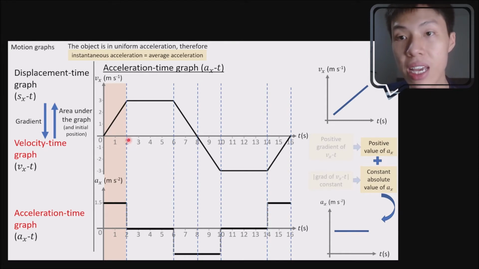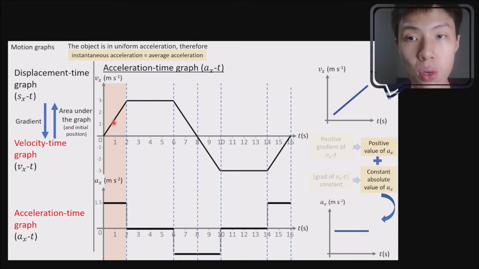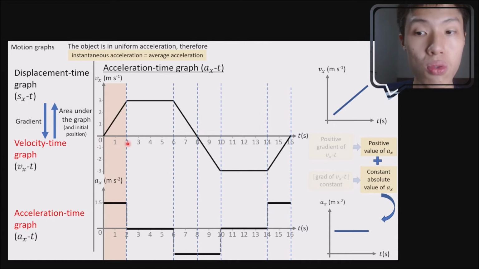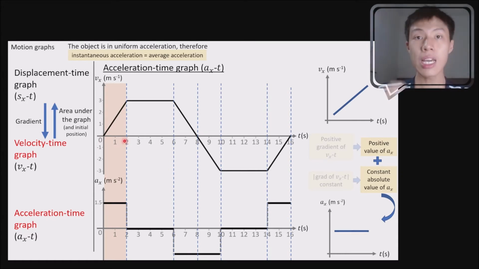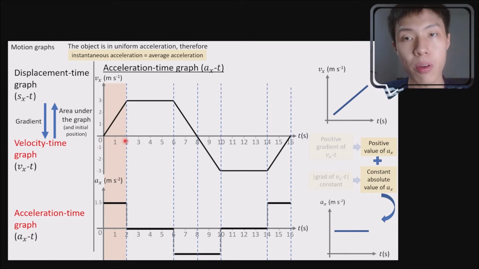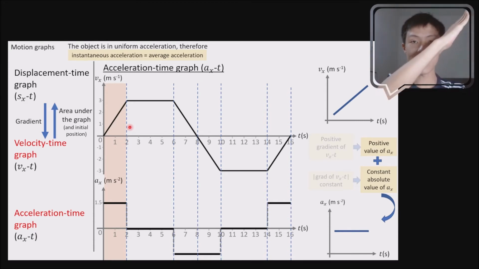Let's say I want to find the instantaneous acceleration at time equals 1. At the first second, what is the instantaneous acceleration? If I find it, the answer will be equal to the average acceleration from time equals 0 to time equals 2. That's one of the properties of an object traveling at uniform acceleration. When traveling at uniform acceleration, the VT graph looks like this.